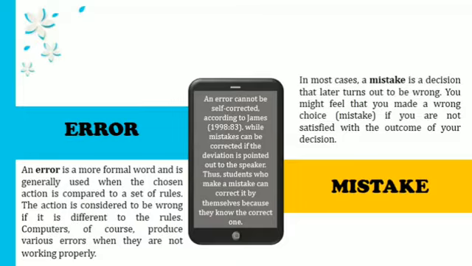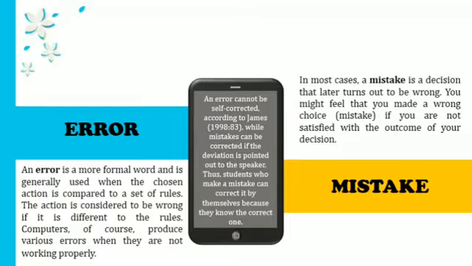Computers, of course, produce various errors when they are not working properly. Mistake. In most cases, a mistake is a decision that later turns out to be wrong. You might feel that you made a wrong choice or mistake if you are not satisfied with the outcome of your decision.